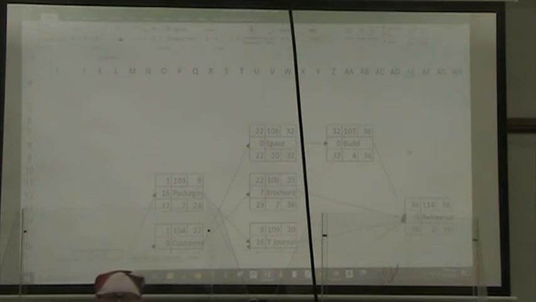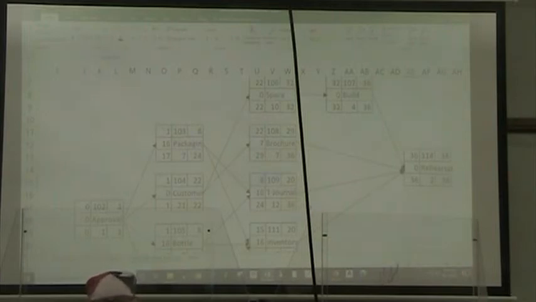Okay, so our beginning and ending modules should always have 0 slack. And we follow the line that has 0 slack to identify the critical path.